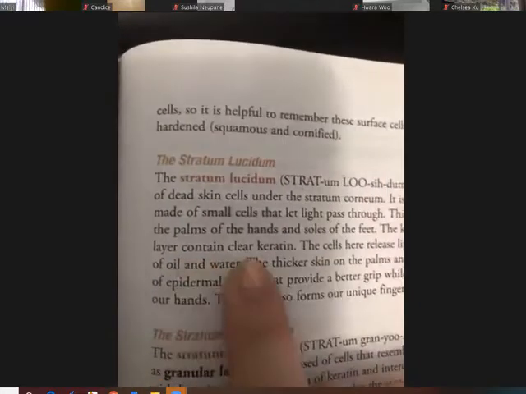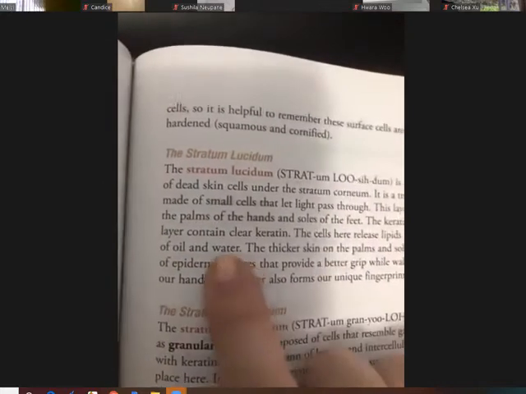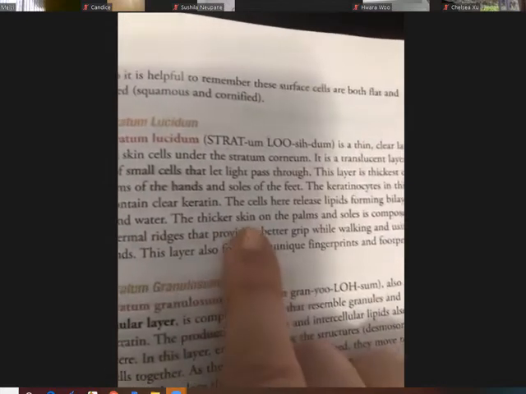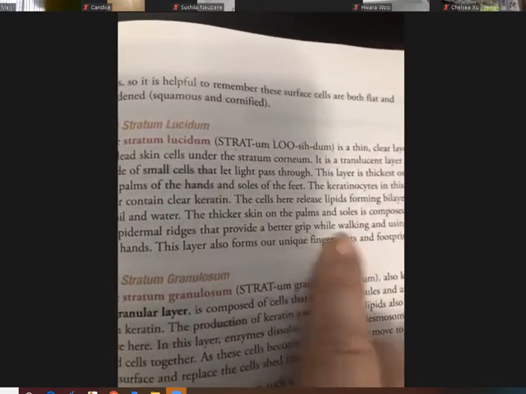Now, the keratinocytes in this layer contain clear keratin. So these cells here release lipids, okay, forming the bilayers of oil and water. The thicker the skin on the palm, the sole is composed of epidermal ridges that provide a better grip while walking and using the hands. You can see on our hand here, 你看我们的掌心很多纹条.